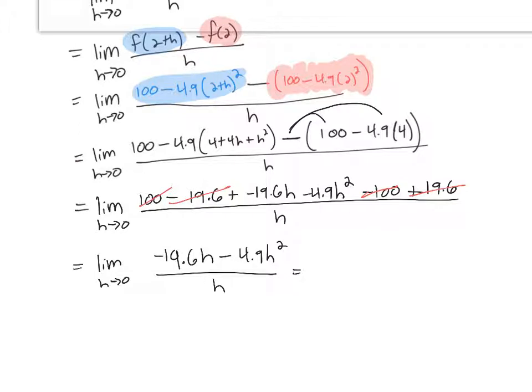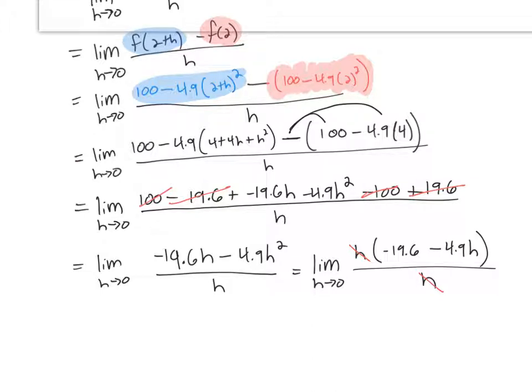And I can factor out an h, so the limit as h approaches 0 of h times negative 19.6 minus 4.9h, all over h. I've got this common thing on the top and the bottom. It's all being multiplied, so cancel.